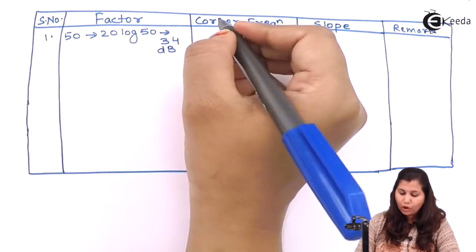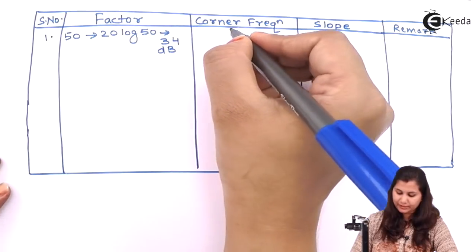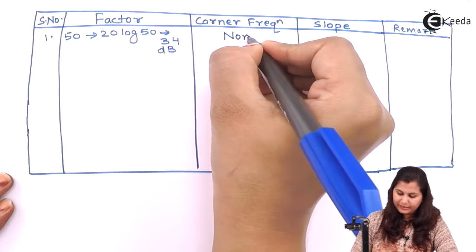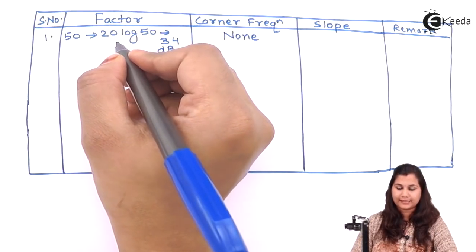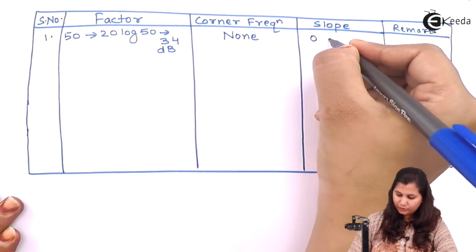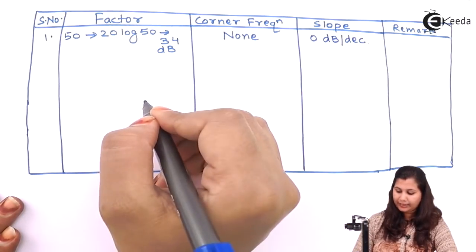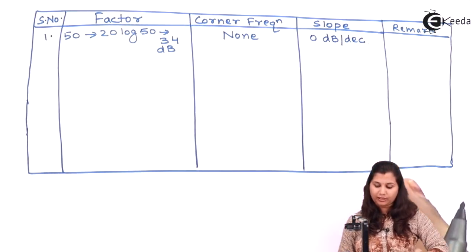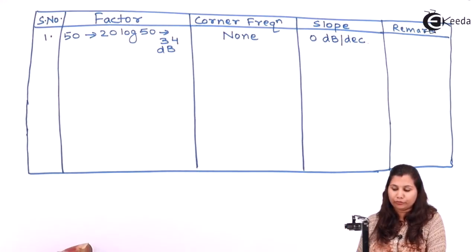Okay. Corner frequency, because for the constant term we have no corner frequency, so corner frequency is none. Slope for the constant term is 0, so it is 0 dBs per decade. And what we will write in the remark, that is how we can represent this constant term in the magnitude plot.